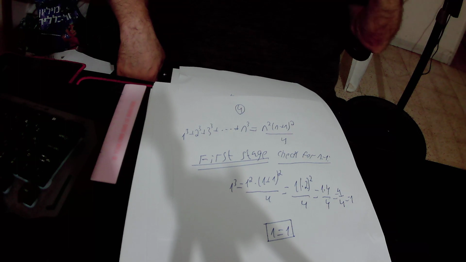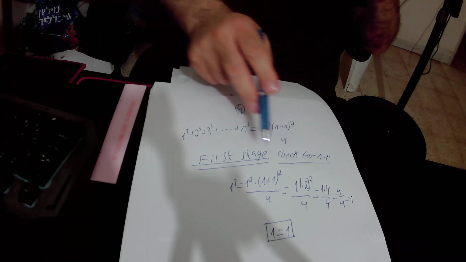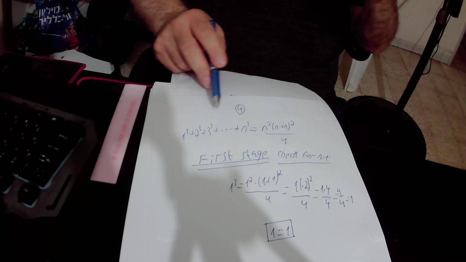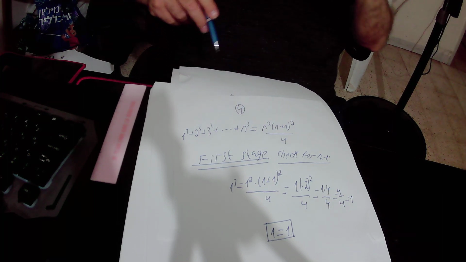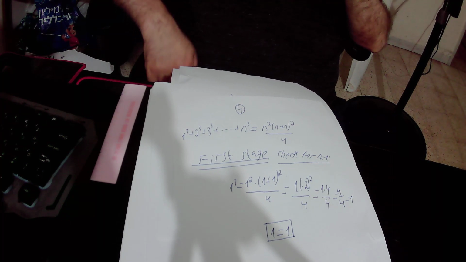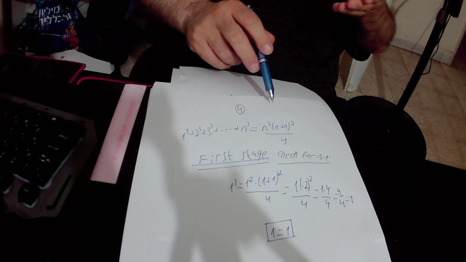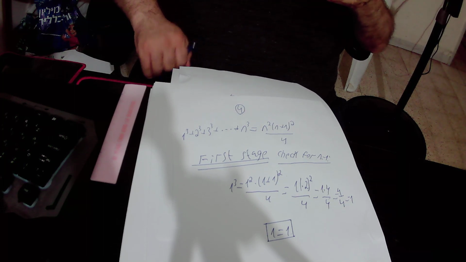So in the first stage we proved that this statement is true for n. We verified that this statement is true for n, while in the second step we proved that if this statement is true for n, it also must be true for n plus 1.